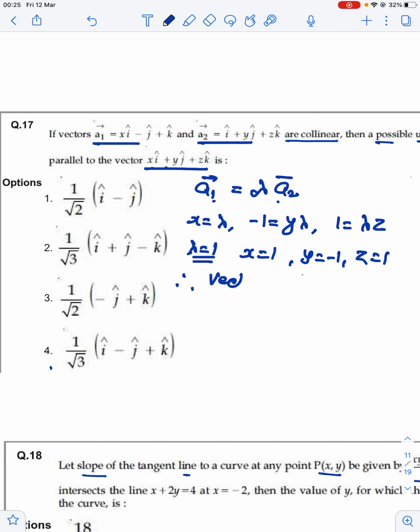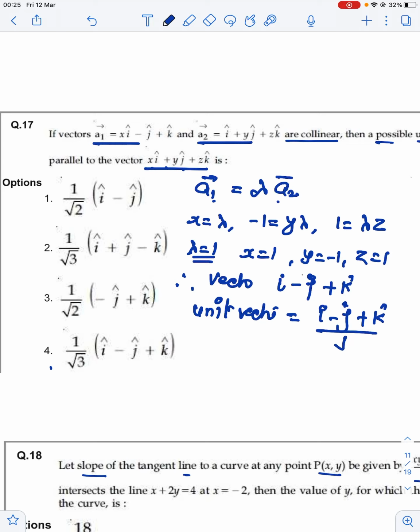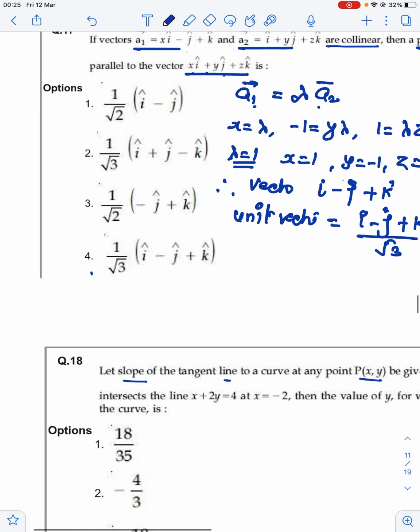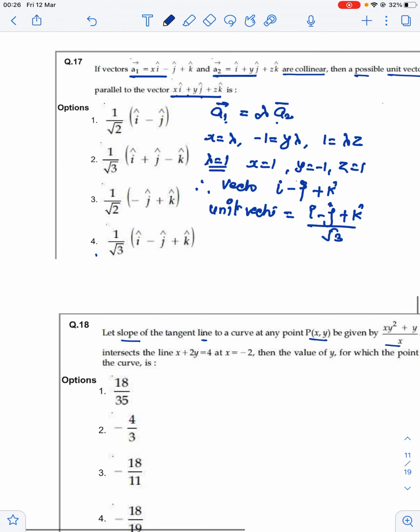Hence vector xi plus yj plus zk will be i minus j plus k. Hence unit vector will be i minus j plus k by root 3. And this is the answer, second part.